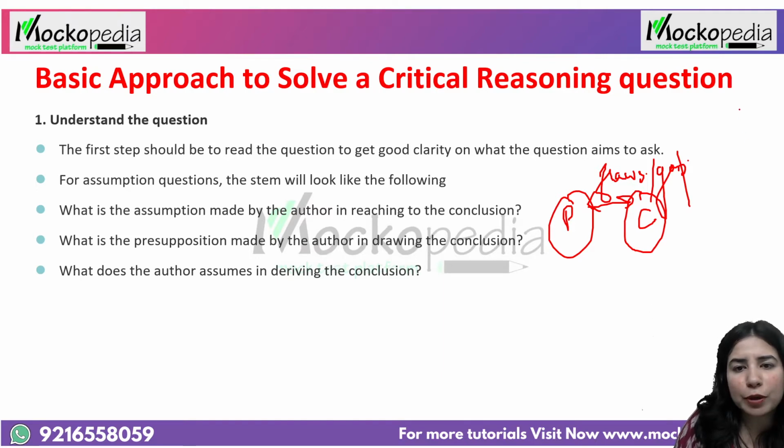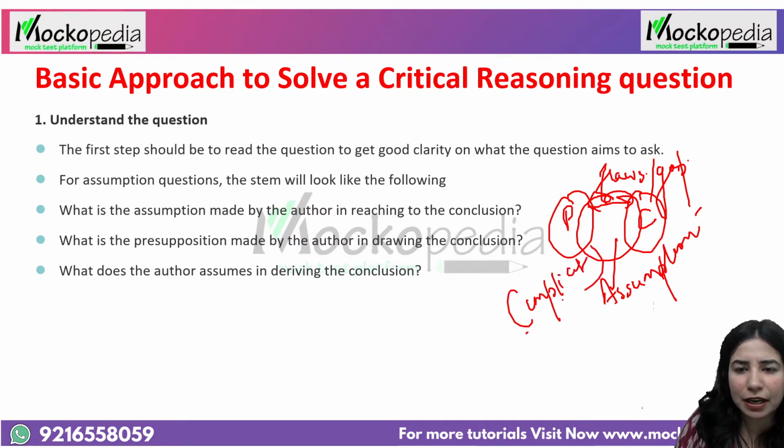So in order to bridge this gap, we take into account the third part of an argument that we call an assumption. An assumption is always hidden in nature, right? It is always implicit. It is never directly stated. So please keep this in mind whenever you are looking for an assumption. It is hidden. It is not directly stated. This will give you a good understanding and crux of the discussion.